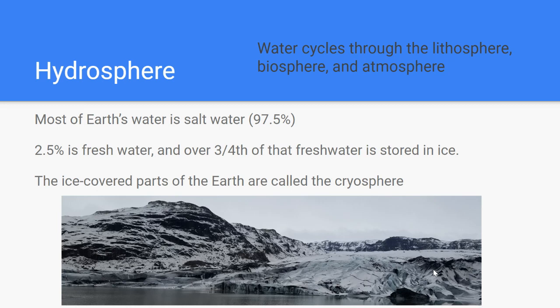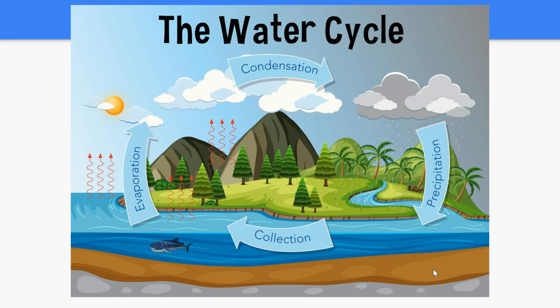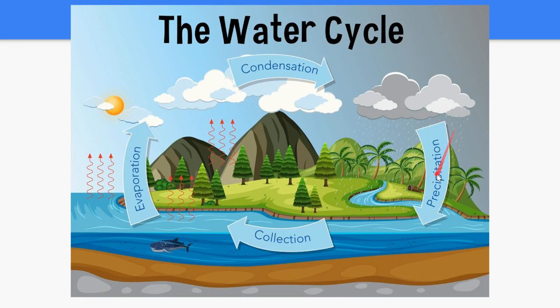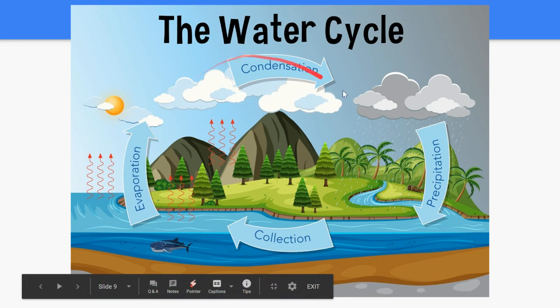Now, we wouldn't be able to talk about the hydrosphere without talking about the water cycle. So, this is the water cycle that you are probably most familiar with. If we start down here, we've got our evaporation, so water turning into gas, our condensation, where gas turns back into water, where it builds up in clouds until it eventually falls, gets collected, and evaporated back up.